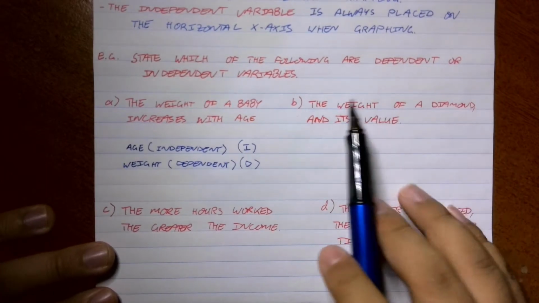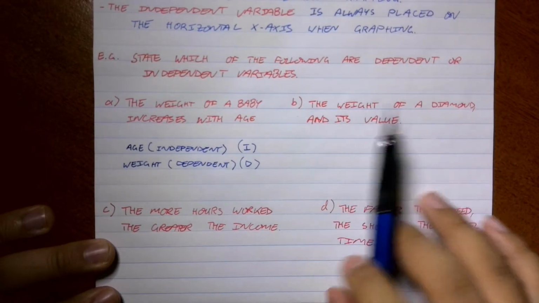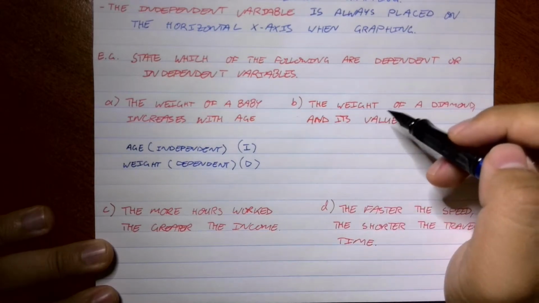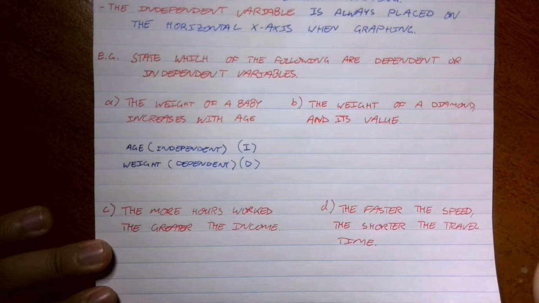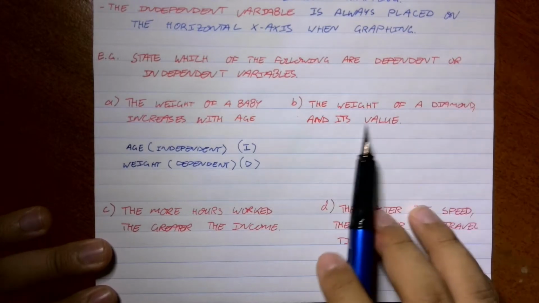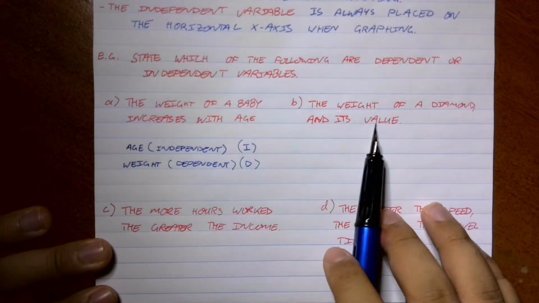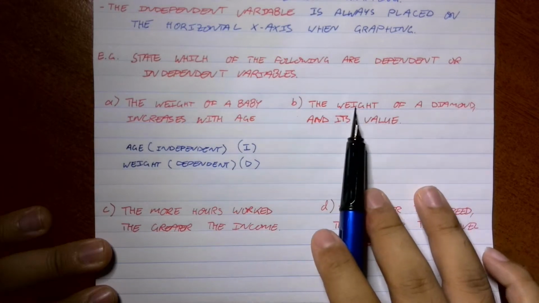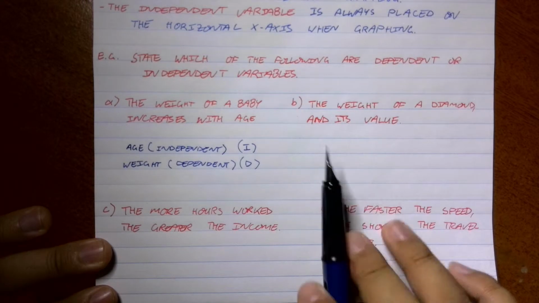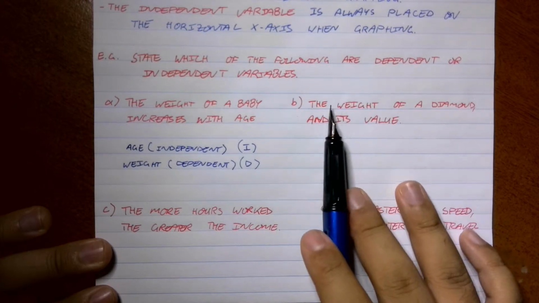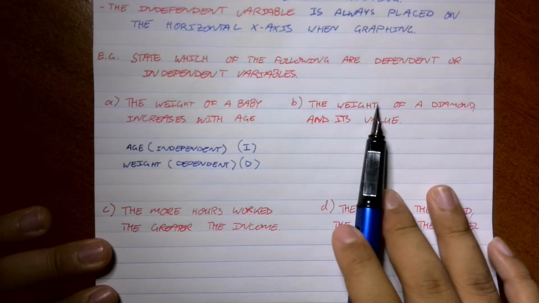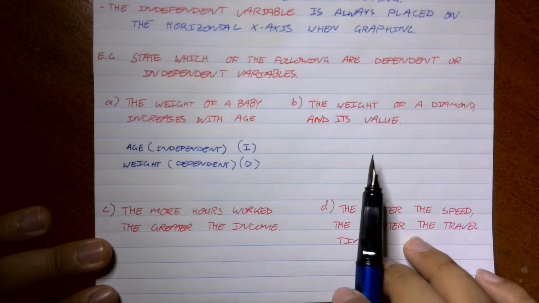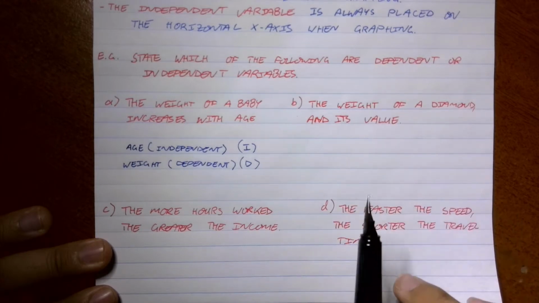So next example is the weight of a diamond and its value. I presume the value of the diamond is its dollar value. So if we keep increasing the value of a diamond, will its weight increase? Or is it the other way around? If we increase the weight of a diamond, is its value increased?